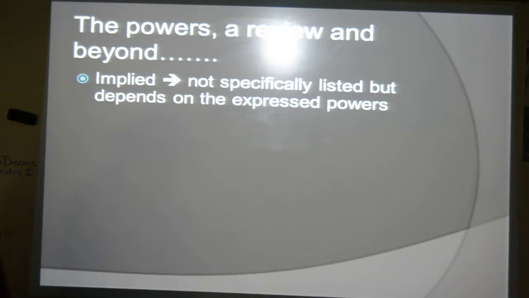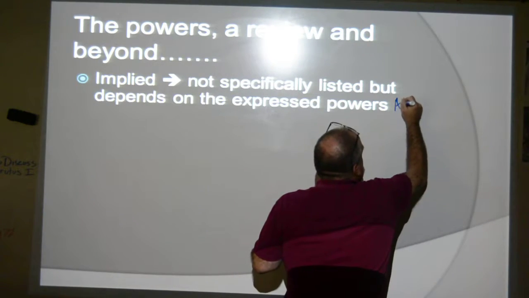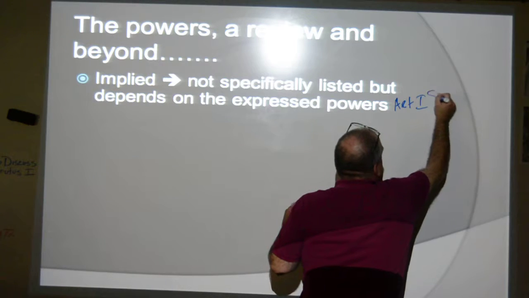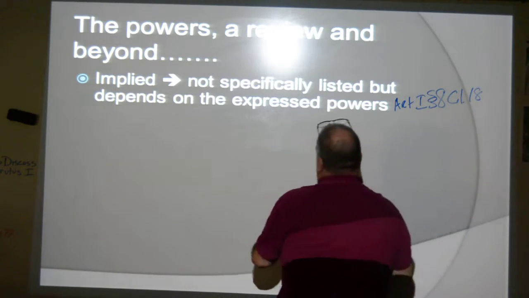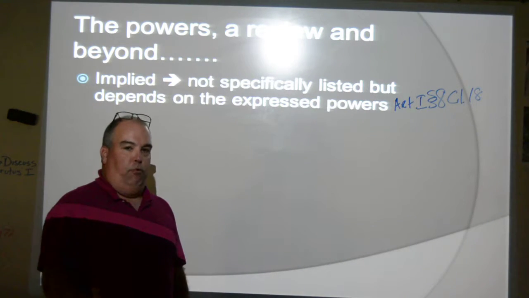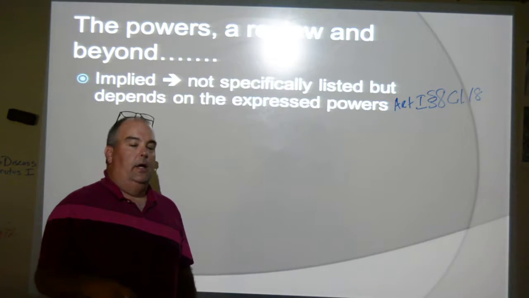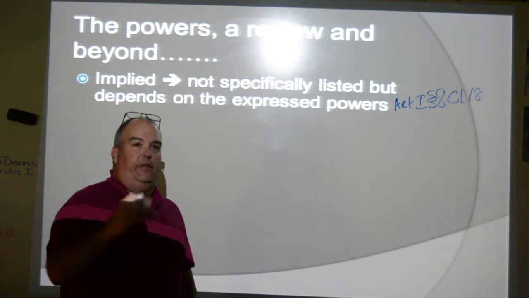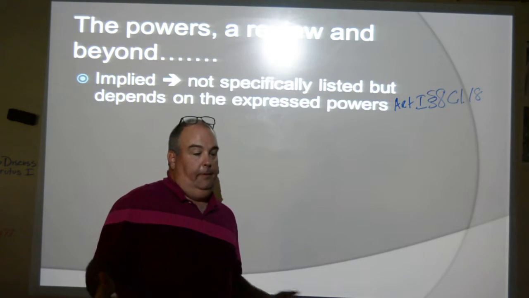And this is really Article 1, Section 8, Clause 18. This is sometimes called the necessary and proper clause. All right? Congress has the power to make all laws necessary and proper to carry out the foregoing powers.